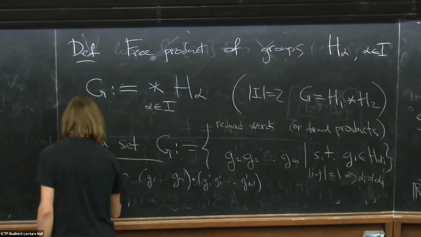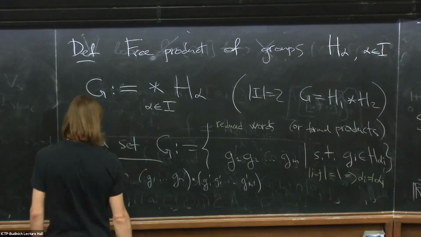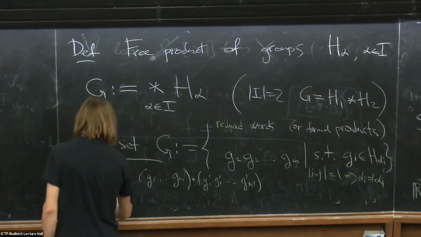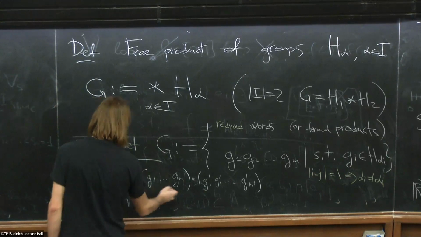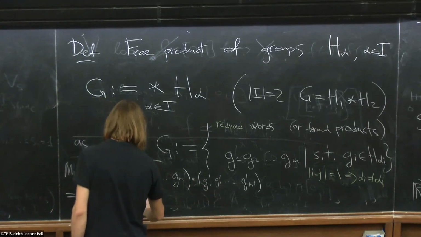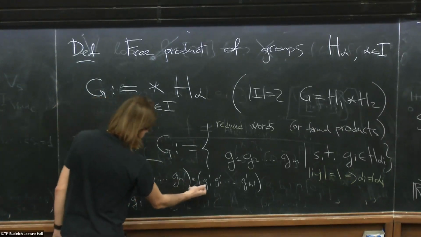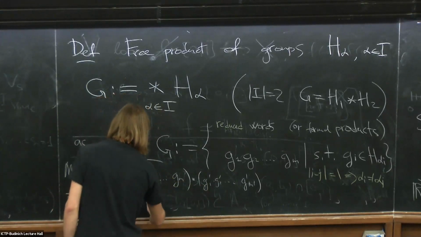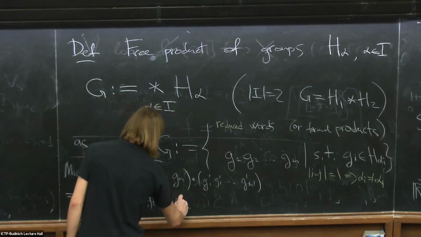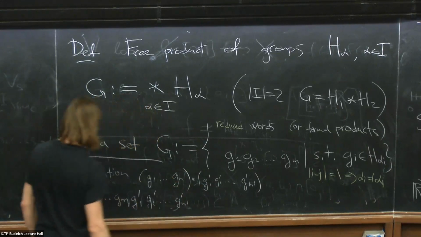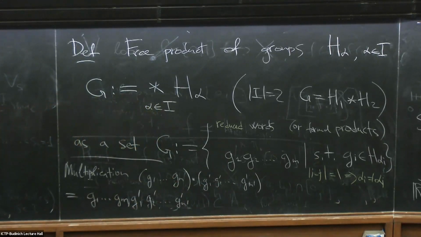What you want to do is consider a sequence of elements by just concatenating these two sequences. You first follow this sequence, and then you continue with g1 prime through gm prime.